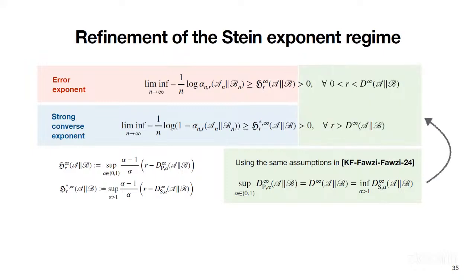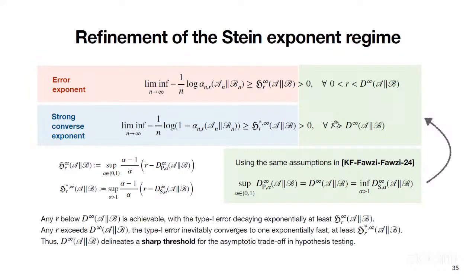This means that for any constant number r that is smaller than the regularized relative entropy, you can always find an alpha such that this quantity is strictly positive. You can make the same argument for alpha larger than the divergence. Because it is a continuous function, and you show the continuity when alpha equals 1, if r is strictly larger than the divergence, you can argue that this exponent here is strictly larger than 0.